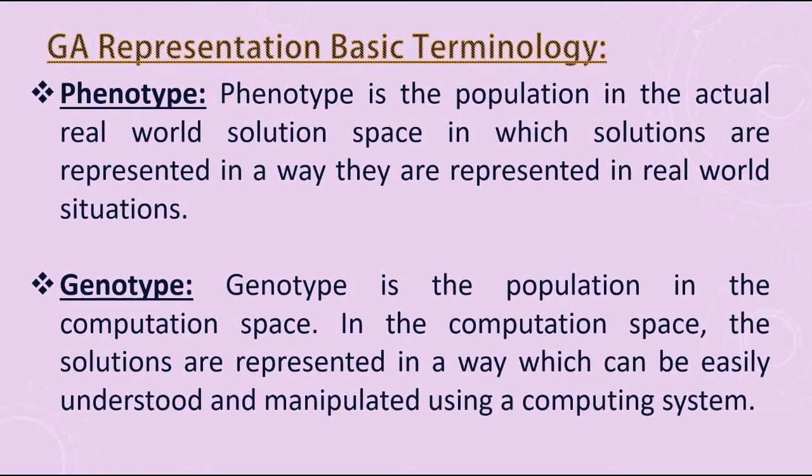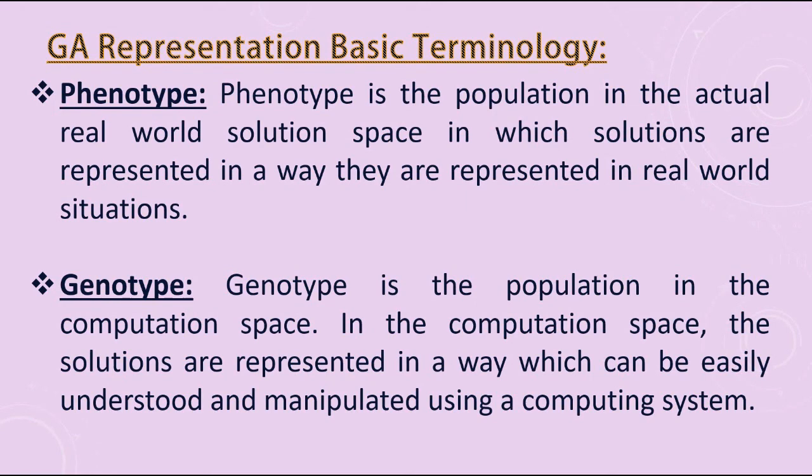GA representation basic terminology. There are some ways in which we represent genetic algorithm problems. First is phenotype. Phenotype is the population in the actual real world solution space, in which solutions are represented the way they are in real world situations. The second type is genotype.